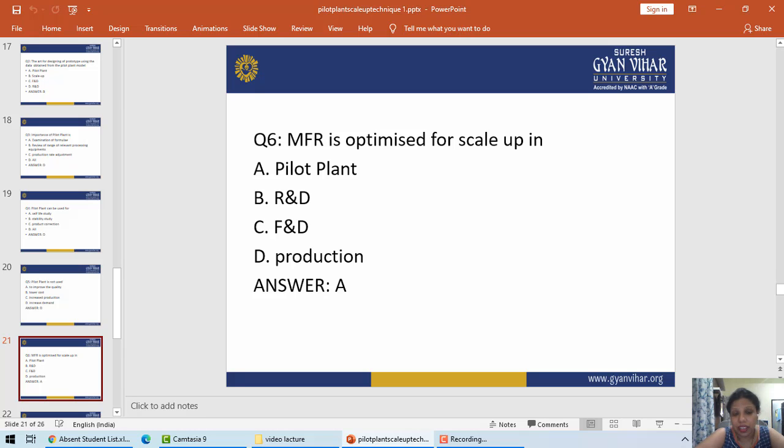If we see all the parameters, first we do R&D, there should be research and development of the formula, development of the study related to the drug. Then it will be transferred to F&D, so formulation related factors should be there. Then it will go for the pilot plant, then the production. Okay, so the answer is the pilot plant.